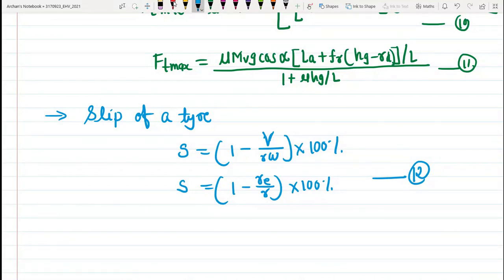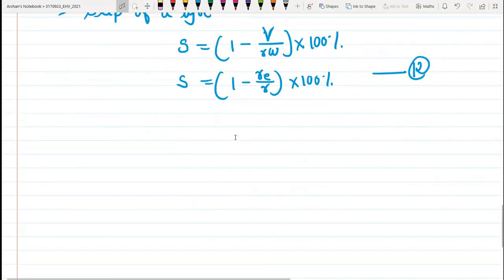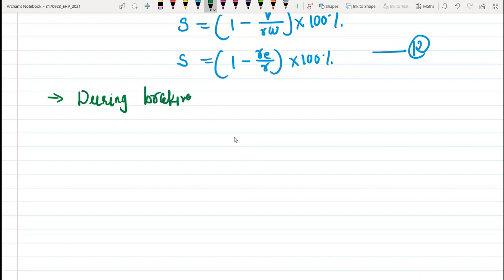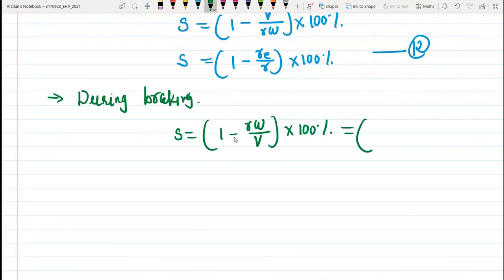But during braking, we have to redefine the slip. During braking, the tire slip is defined as 1 minus r omega by V, or 1 minus r by r_e.